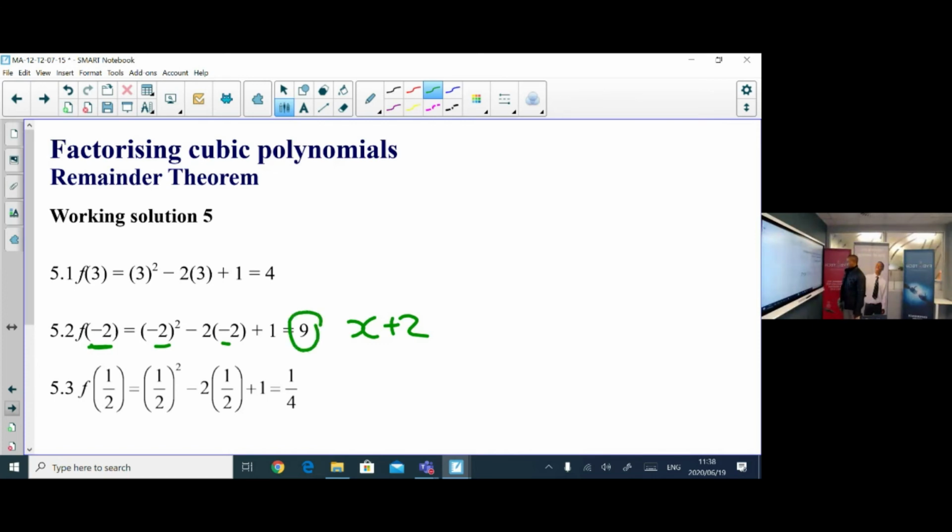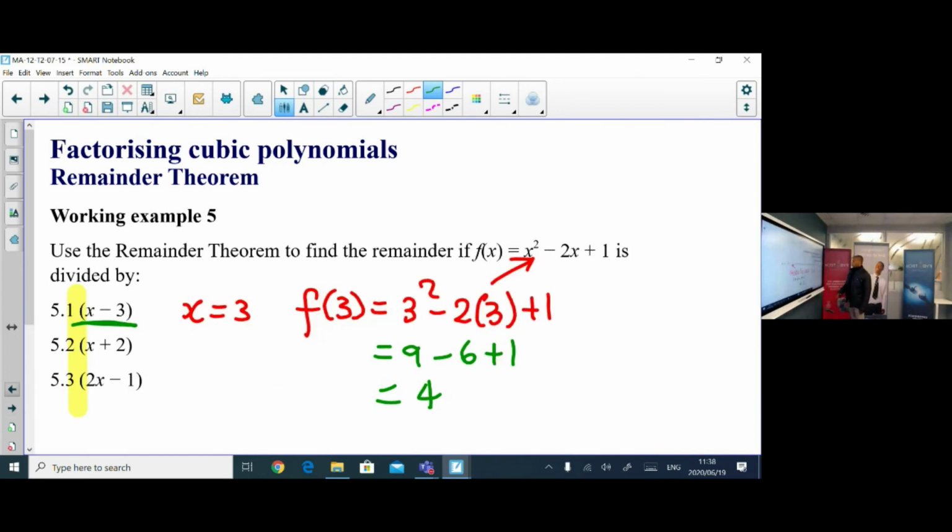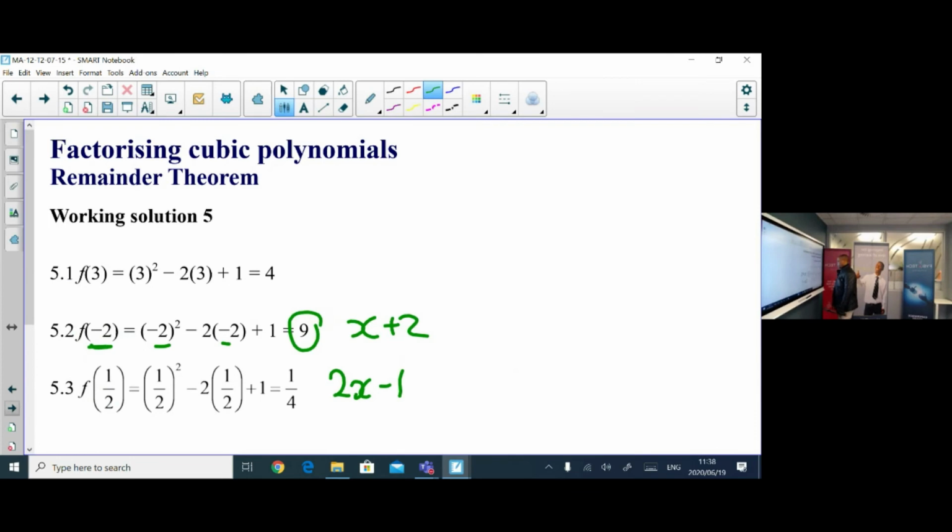Then the other one was given in such a way that it was 2x minus 1. So we're dividing by 2x minus 1, as you can see. So with that, you also make x the subject, and you substitute that half to get a quarter.